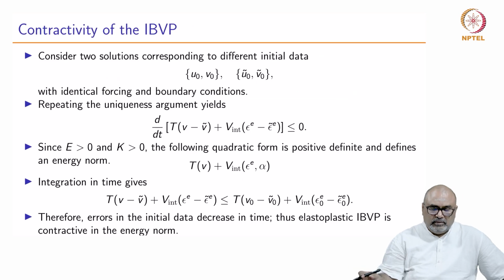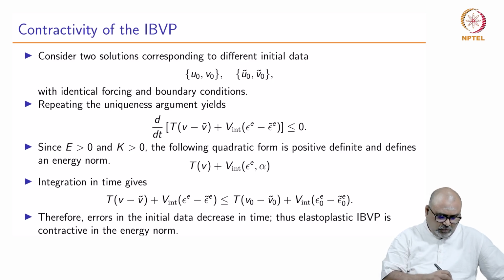So, that means when we consider two solutions corresponding to two different initial data, then repeating the uniqueness argument and following the quadratic form of positive definiteness and integrating in time is going to give us a different solution, based on the error in the initial data.